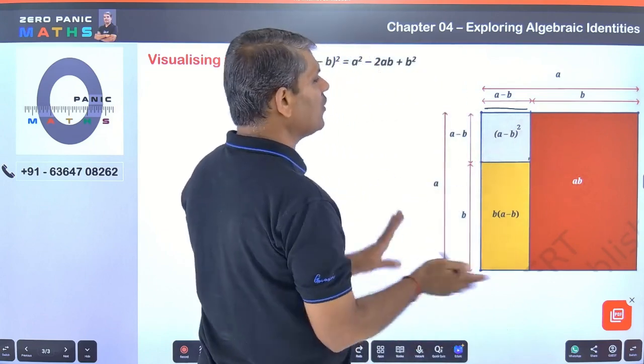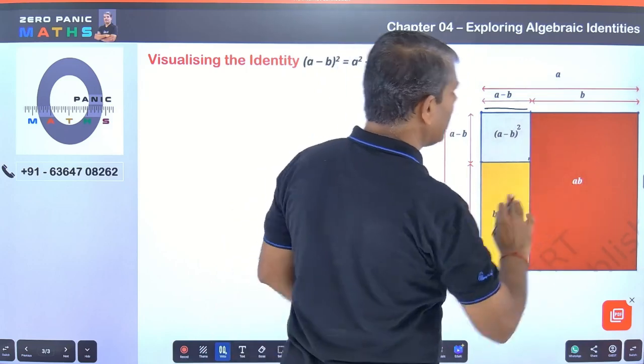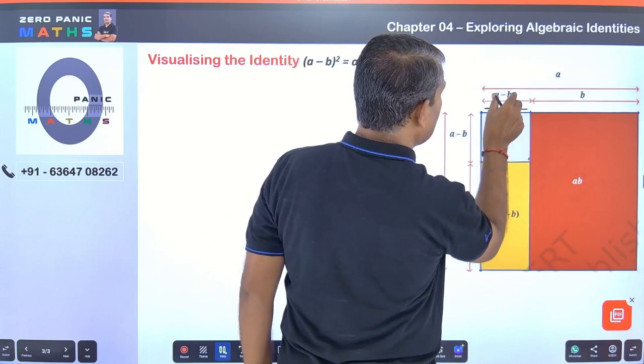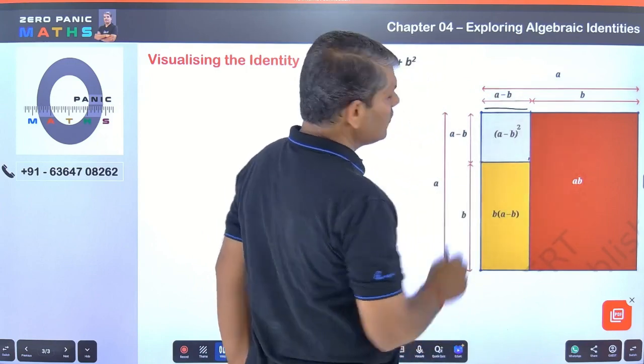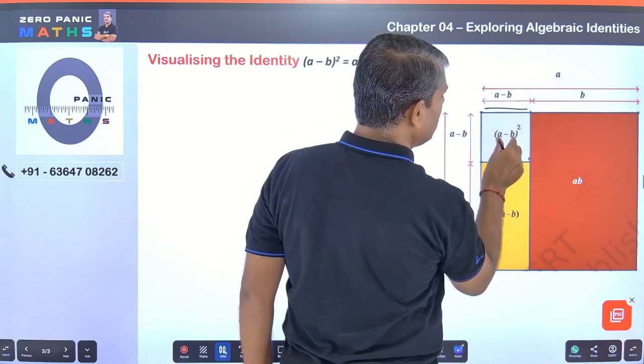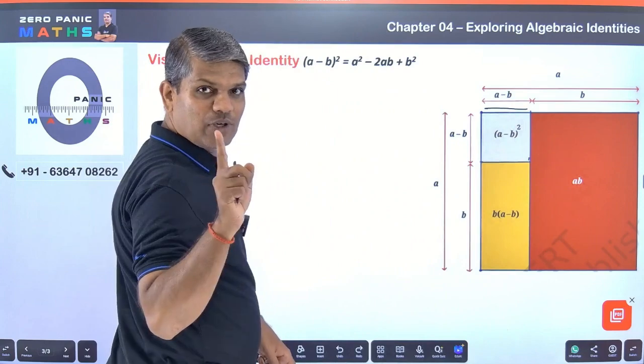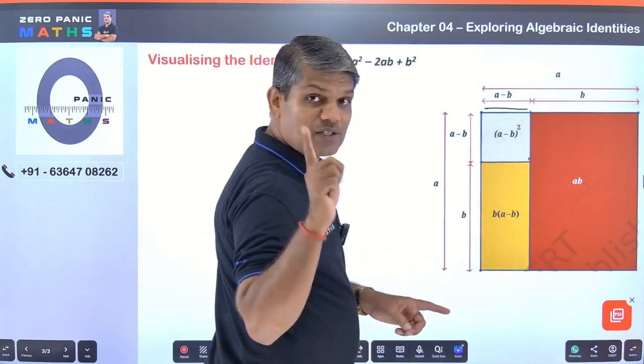Now, how am I calculating the area of all this? Okay, let us see that now. See, the sides of this square are a minus b and a minus b. So a minus b into a minus b, it is (a minus b) whole square, and this is what we want here. You understood this, right? Okay, now listen to me carefully.